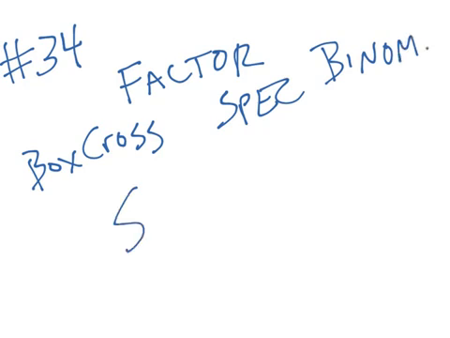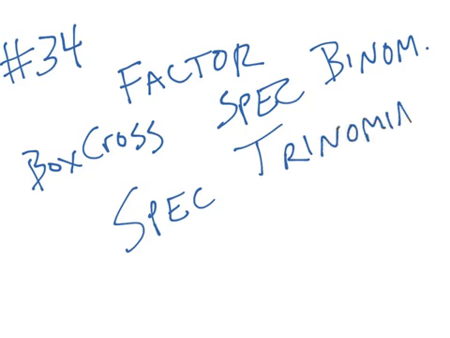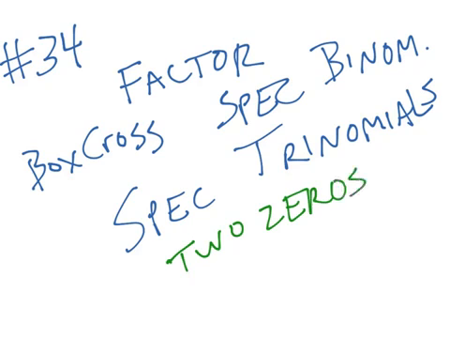And then there's special trinomials. So we need to know how to do those types of factoring, and then also if we're given two zeros, just like the very last problem we did, find standard form.